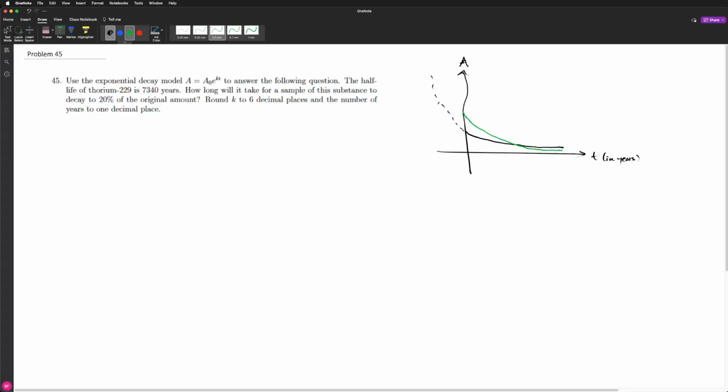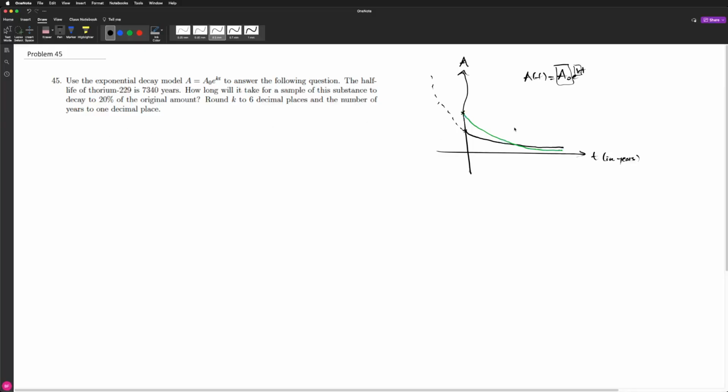So to figure out which kind of decay function you have, you need to specify two numbers, that A0 and that k. A0 controls where you start, and k controls how fast the decay occurs. Do you have something like green or something like black?